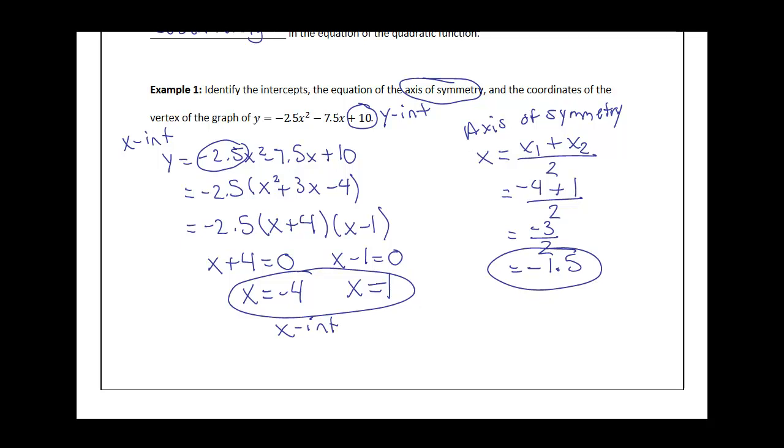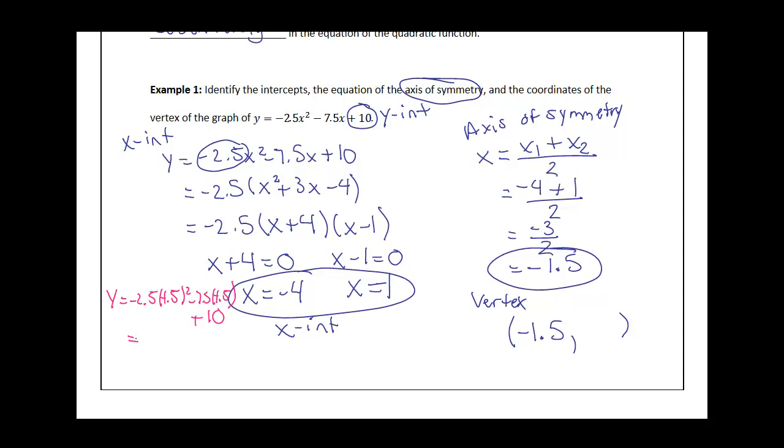But lastly, we need to find our vertex. Well, we already know the x value of the vertex because that comes from the axis of symmetry, and that is negative 1.5. But what is our y value? We don't know that quite yet, so we need to find that. We find that by taking our x value and plugging it into our original equation. So we get y equals negative 2.5 times negative 1.5 squared minus 7.5 times negative 1.5 plus 10.